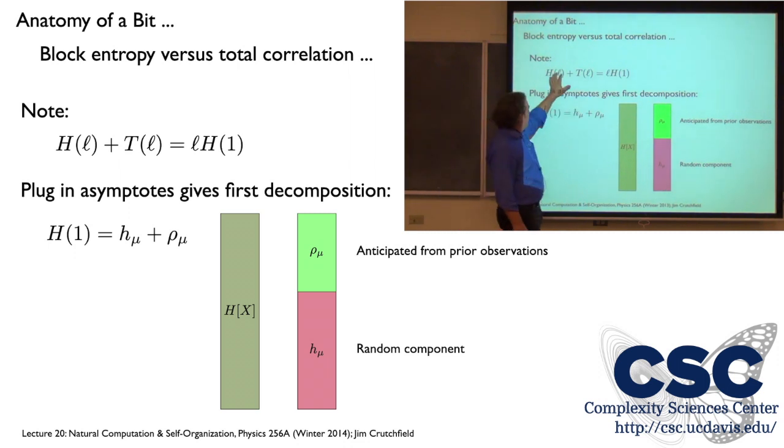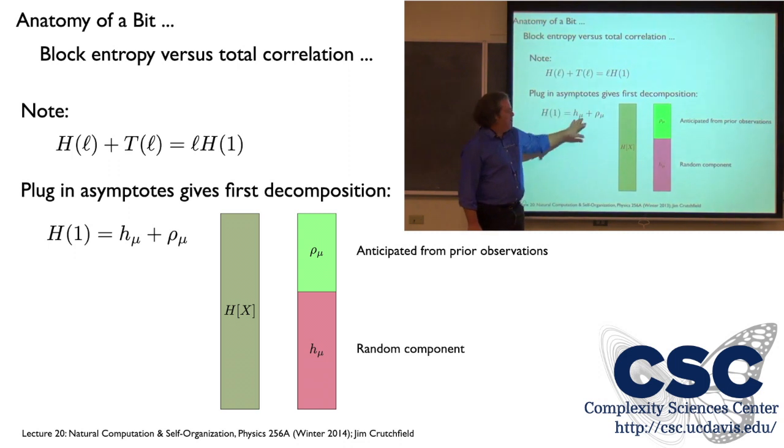If you plug in those asymptotes, this is E plus h mu L, this is minus E plus rho mu L, the E's cancel out, and we just end up with this when we divide through by L. So again, single symbol uncertainty breaks into a random part unanticipated by the past and a part that was anticipated by the past. Now for that interpretation, you have to go back and look at what the total correlation quantity meant. But in the time series setting, that's the interpretation.